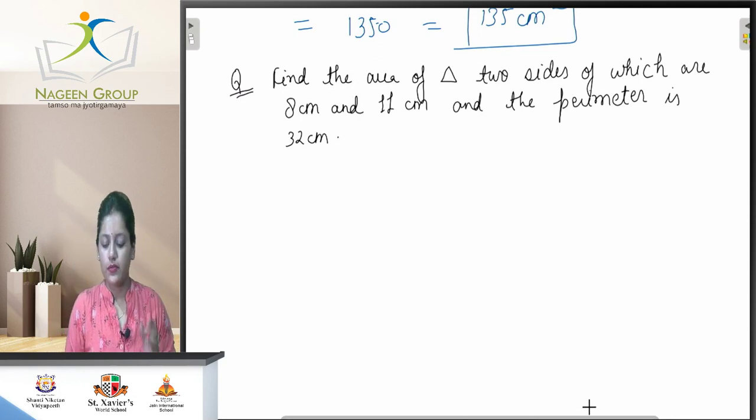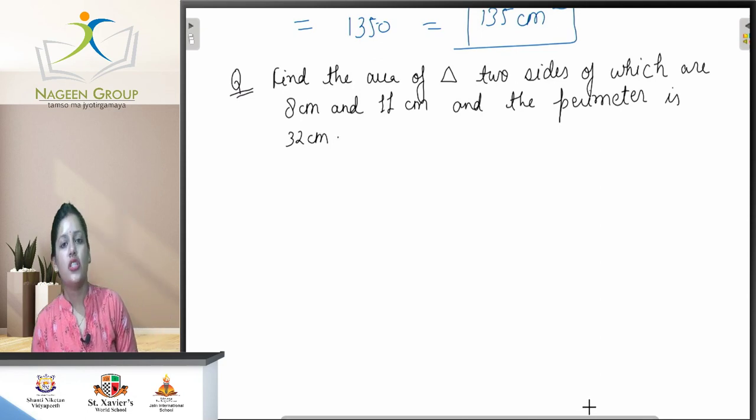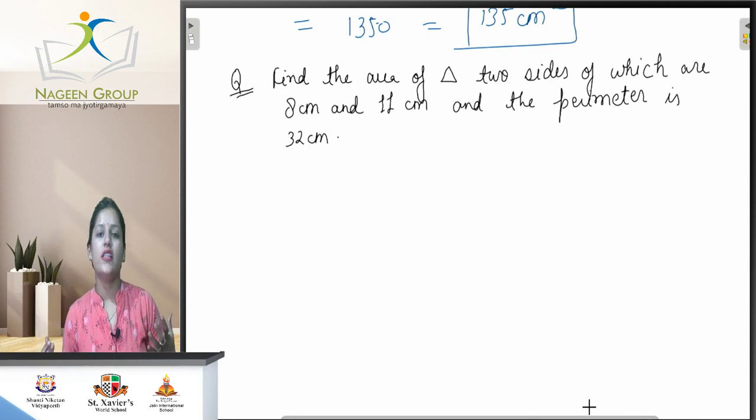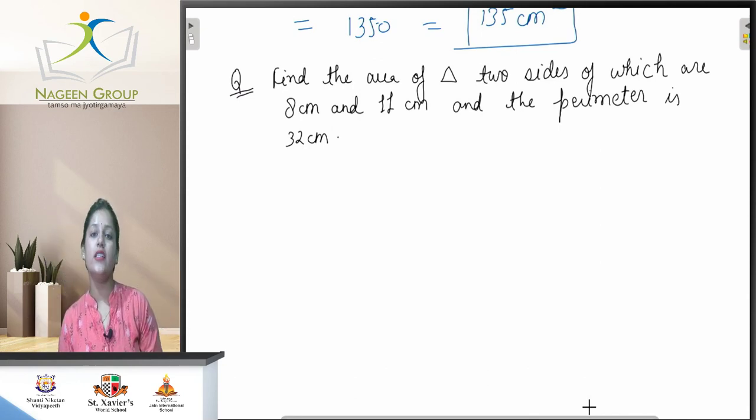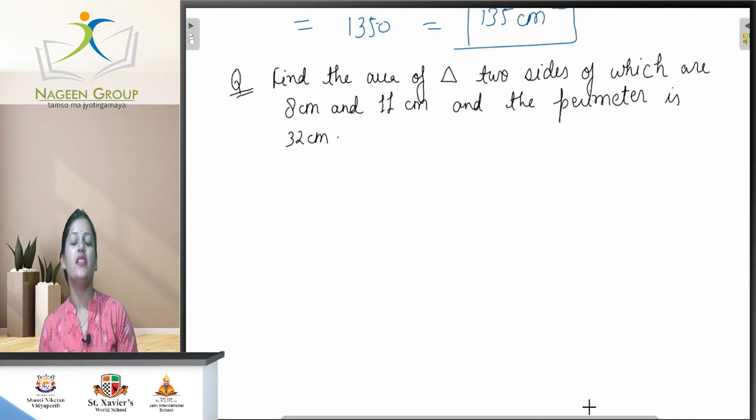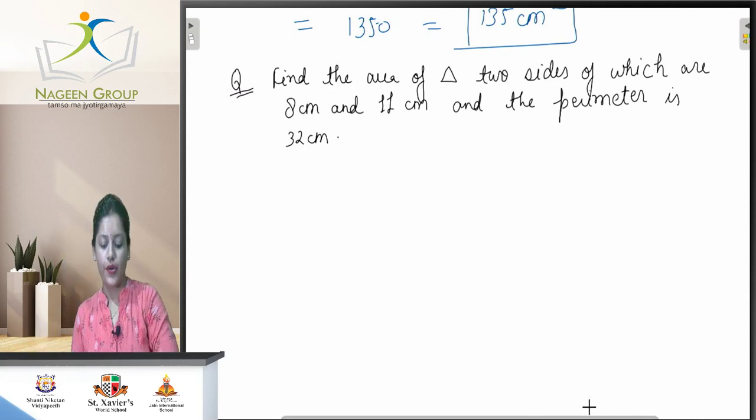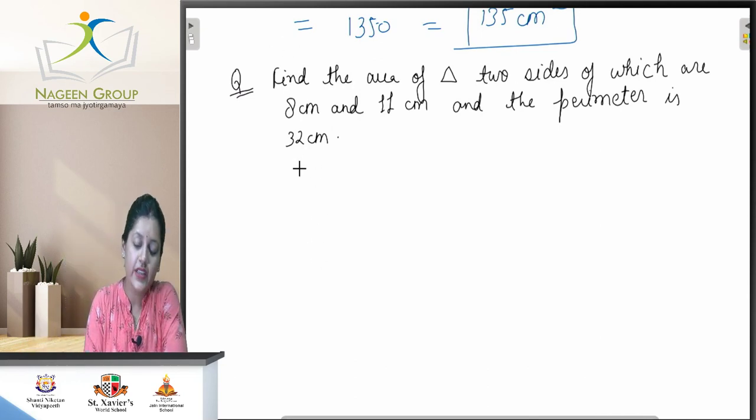Here there is no triangle given, nor which type of triangle it is, only the sides are given, and for the sides the formula we have derived is Heron's formula. Now first of all you have to find the third side.